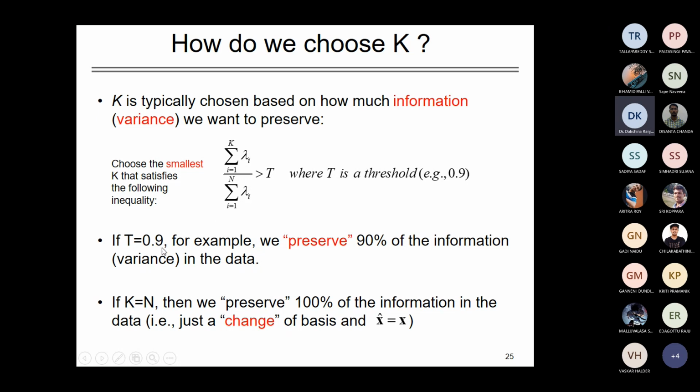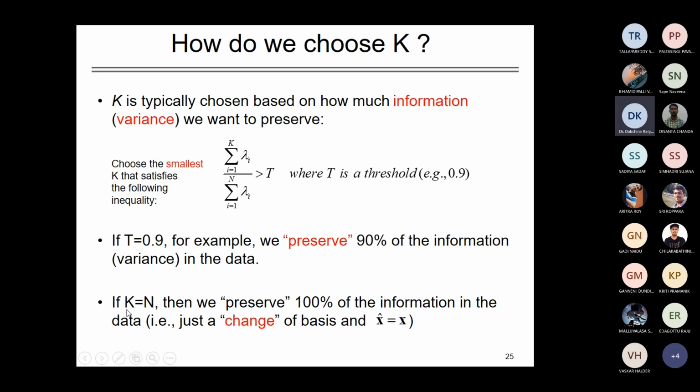Now, if we set t equal to 0.8, that means we can preserve 80% of the variance in the data. So we have to set as high a percentage as possible, so that we can preserve more information as variance in the data.